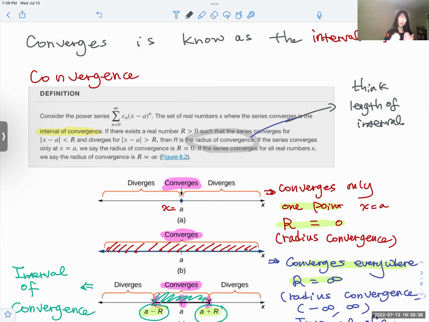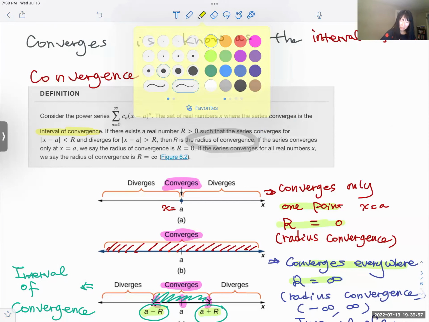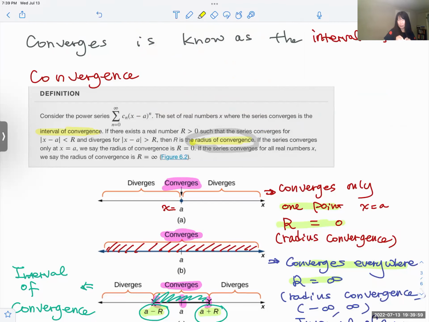But then, type 3 is a little bit different. Just remember that, because each type has a different radius of convergence. That's why it's hard to say in one definition. You will see why every type is different.